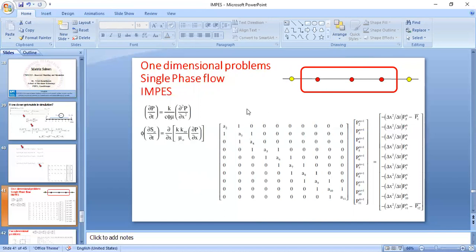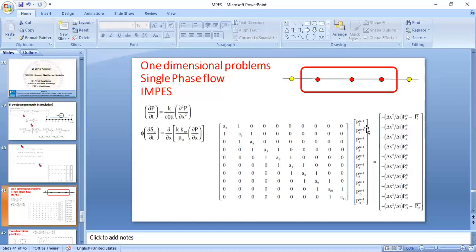So even though we get n number of equations, we can make it into an n cross n matrix form, Ax equals b, and the coefficient matrix A will be of size n cross n. It will not involve the other nodes.